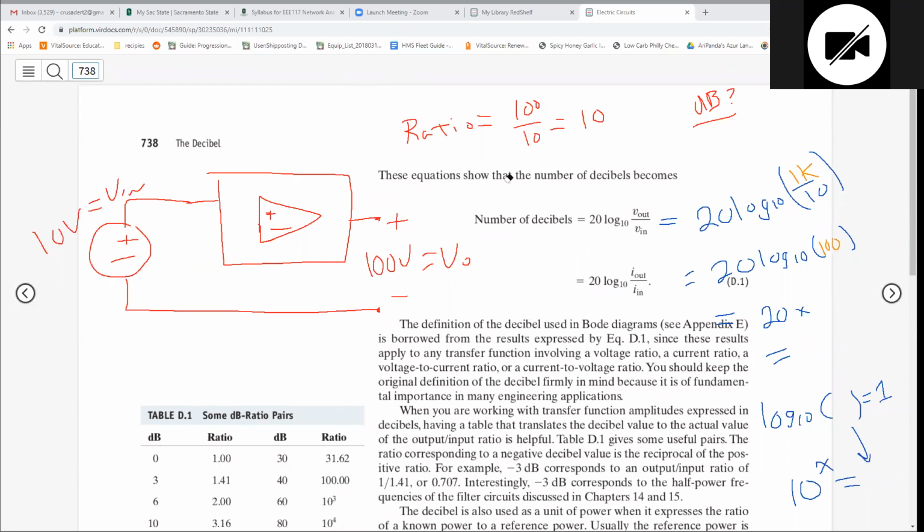Now we're asking, what's log base 10 of 100? How do you figure out this x? Well, to get 100 from 10, you have to put it to the power of 2. So now it's going to be 20 times 2, which is 40 dB. Okay, so that's how you use a log scale.